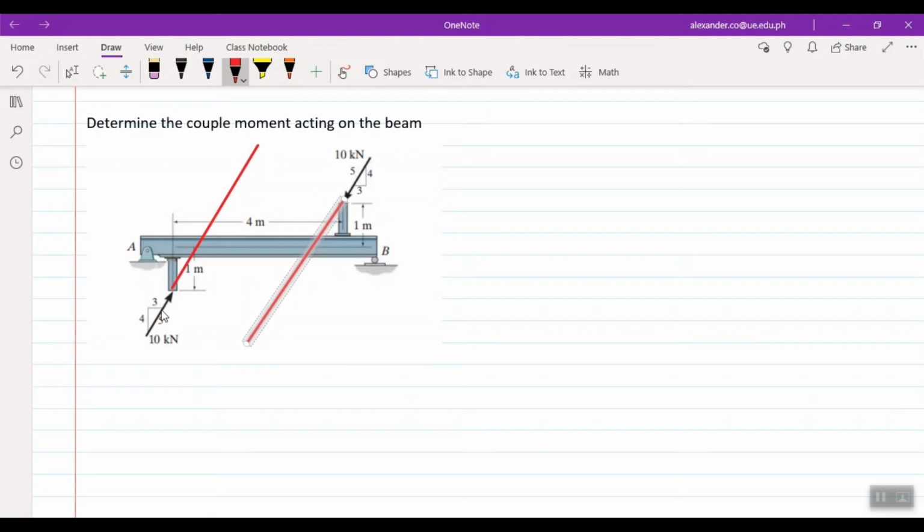They also have the same slope, 3 horizontal, 4 vertical, 3 horizontal, 4 vertical. So definitely these two forces are parallel with each other.